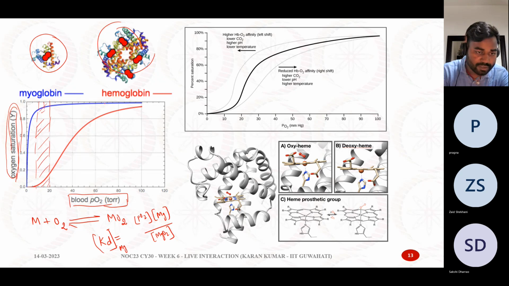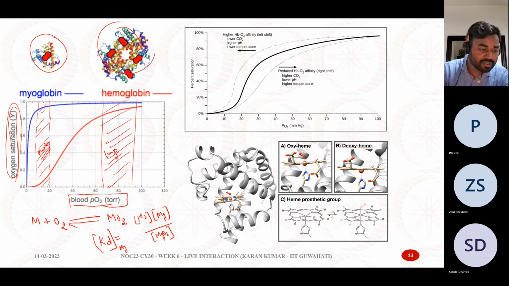And here you will see lungs. These are lungs. In lungs, your partial pressure of oxygen is very high. The oxygen concentration is very high. However, in muscles, you have very low concentration of oxygen.